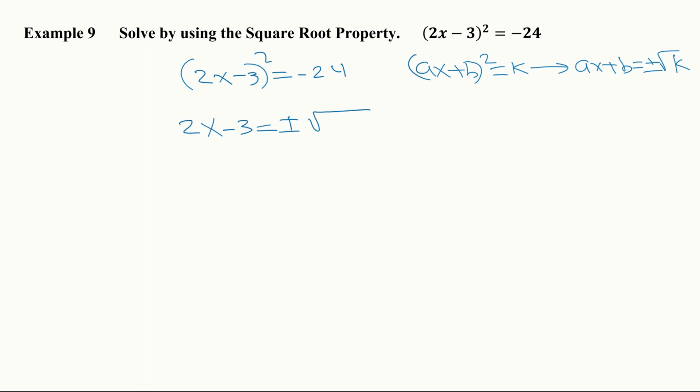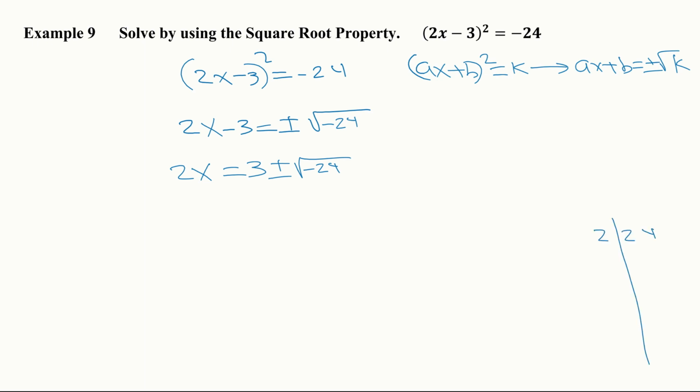Be very careful. So now we get 2x equals 3 plus or minus square root of negative 24. Let's go ahead and simplify that.